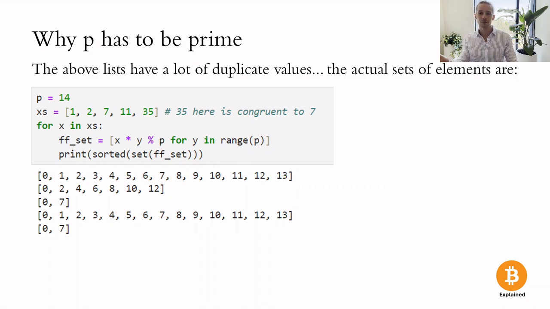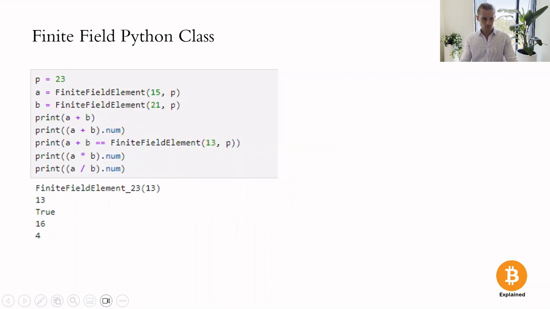Otherwise, if multiplication reduced the set of all the values that we had, the security would be compromised and somebody might be able to backsolve for your private key, thereby being able to steal your Bitcoin. This is only not the case and only guaranteed not to be the case if we have a prime order. That's why it's so important that p is prime.